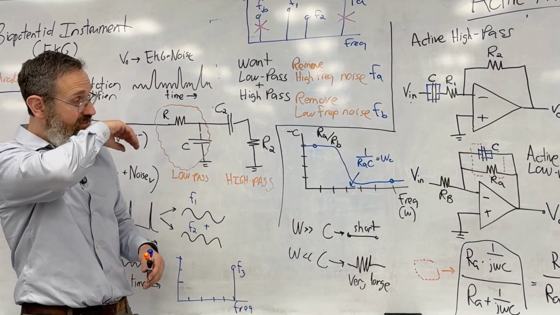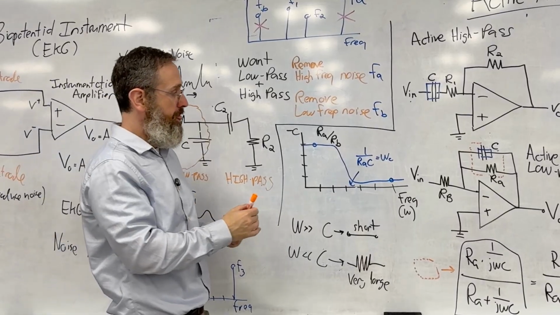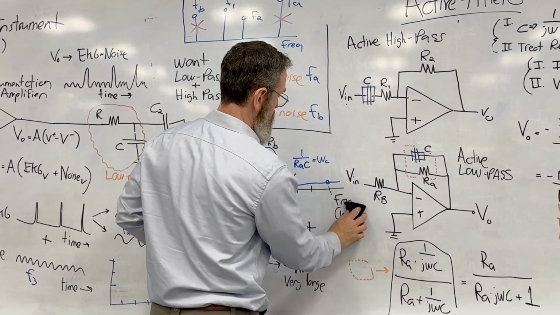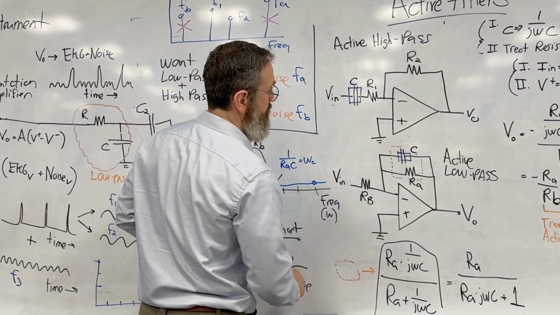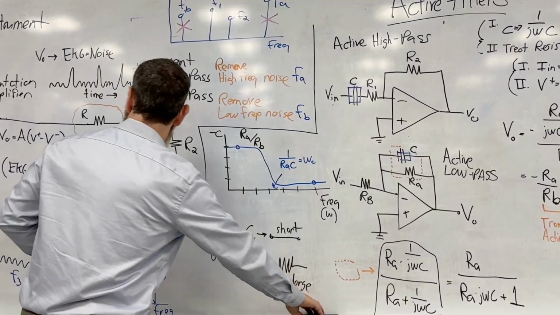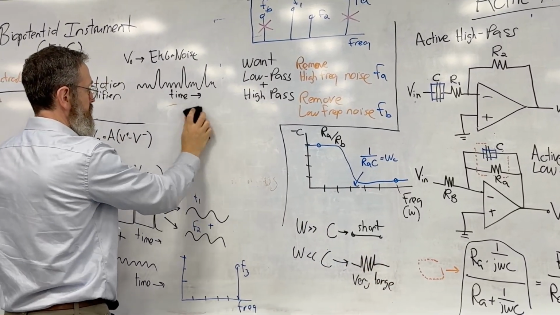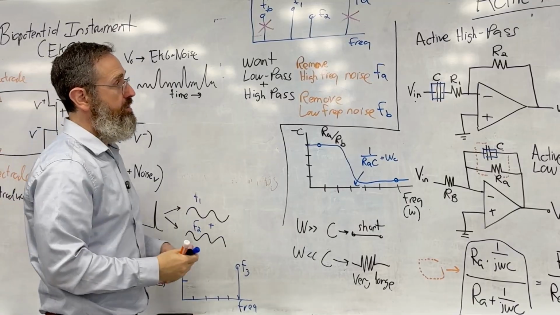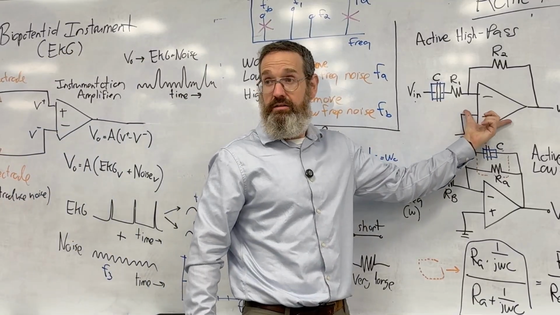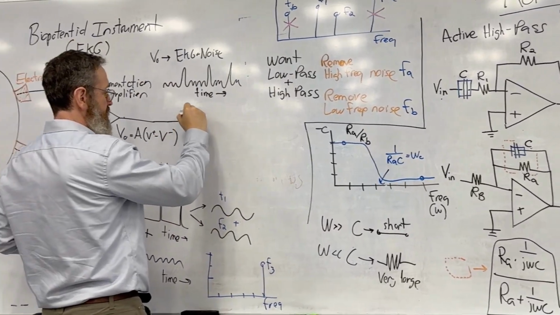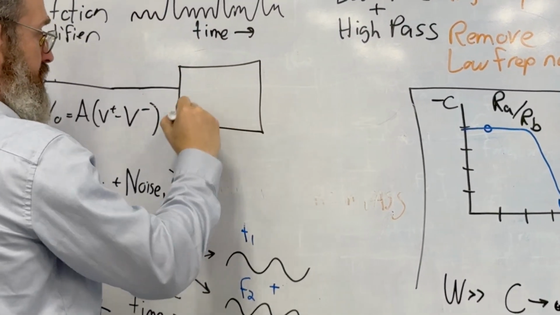Now here's the nice thing about active filters. I'm going to try to draw it. We couldn't do this before, but what you can do is take this and insert it here. I'm not going to redraw the whole thing.